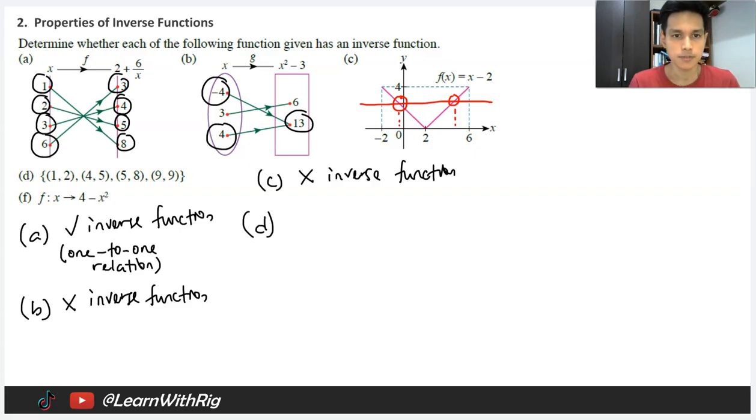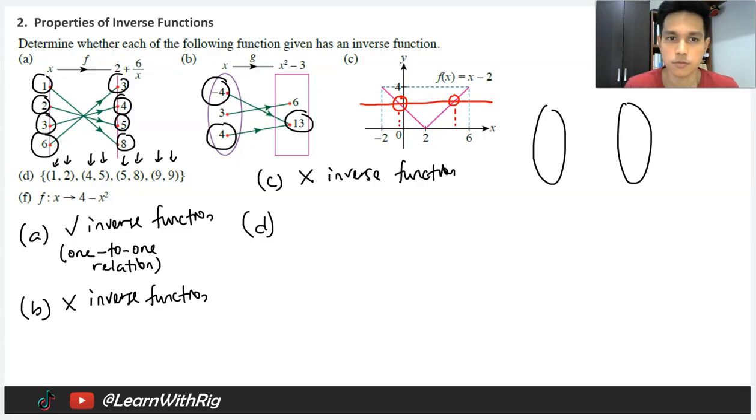Now D here is actually telling you the coordinates, right? This is the X, this is the Y, this is the X, this is the Y, this is the X, this is the Y, this is the X, this is the Y. So from here you can draw an arrow diagram, if you want to. I'm going to show you guys. You see all the objects here are 1, 4, 5 and 9, and they are connected to 2, 5, 8, 9.